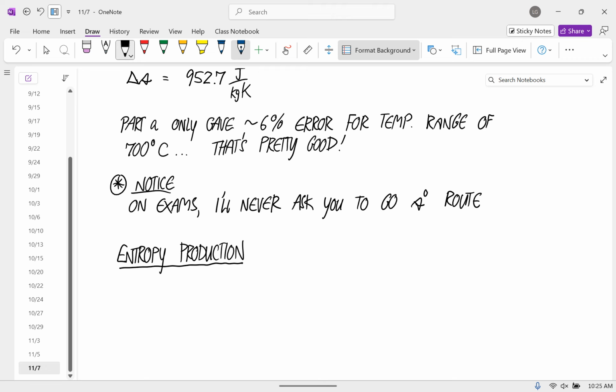You can think of this as inefficiency introduced into a process. It could be a cycle, but it doesn't have to be.